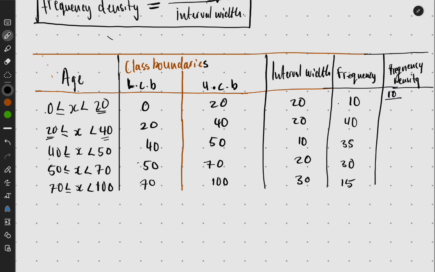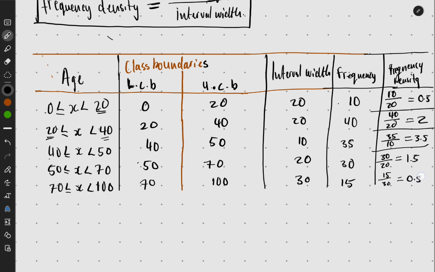So it's going to be 10 over the class width or interval width, 20. And what would we get here? Half, 0.5. Then in here, frequency 40 over 20, and we get 2. Then 35 over 10, we get 3.5. Then 30 over 20, we get 1.5. Then 15 over 30, we get 0.5.